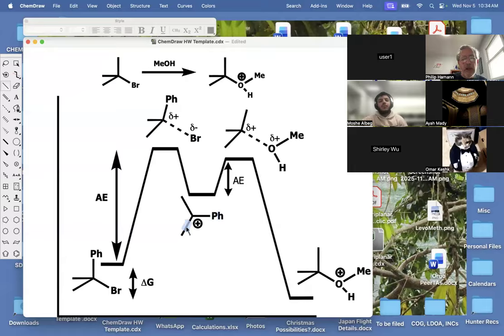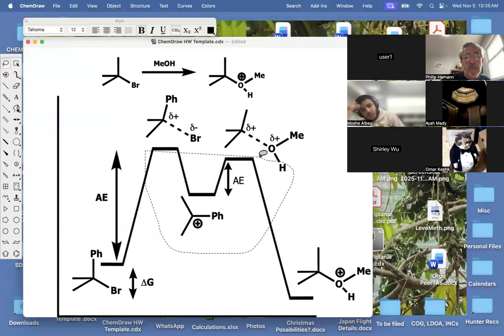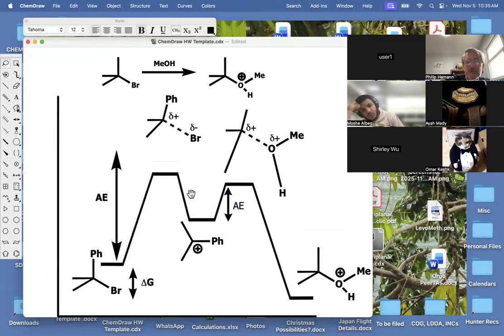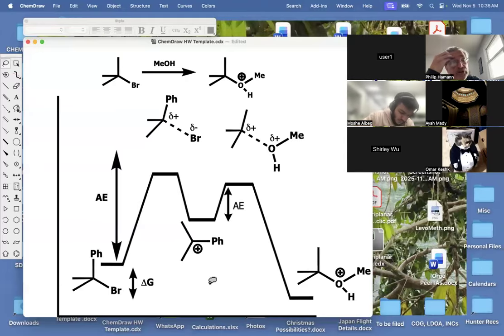This is a phenyl group. I have made my intermediate more stable. Actually, let's do all of them. And so it's going to bring down these energy levels. Okay. And so now we expect a faster rate of reaction because my activation energy has been lowered by that amount. Okay, so that's the thinking of Hammond's postulate.